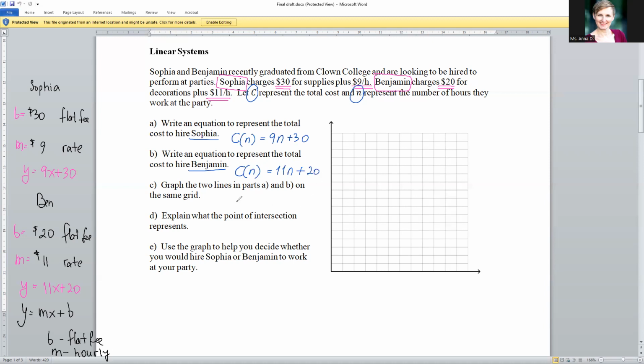Now we should draw this, graph the lines, explain the point of intersection. Okay, so the point of intersection, let me solve for the point of intersection algebraically separately. So question C, point of intersection.